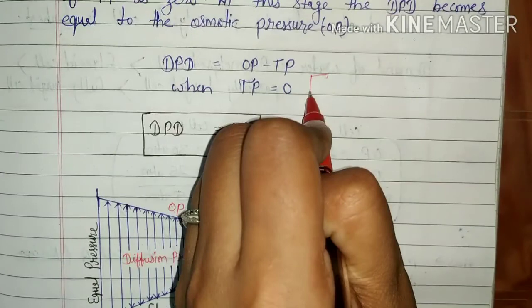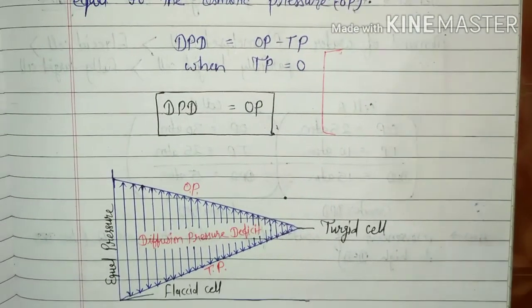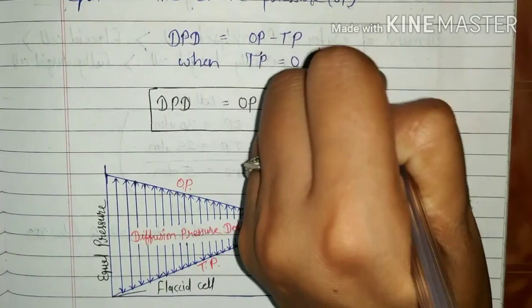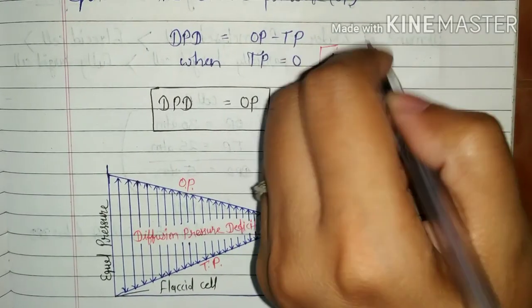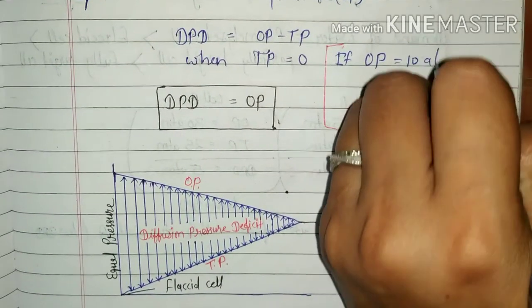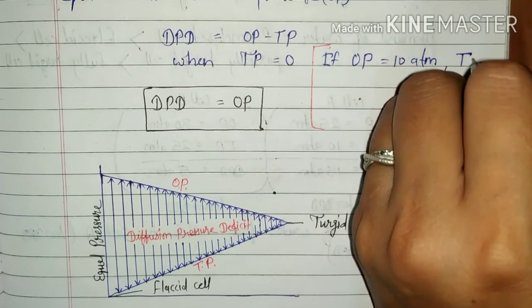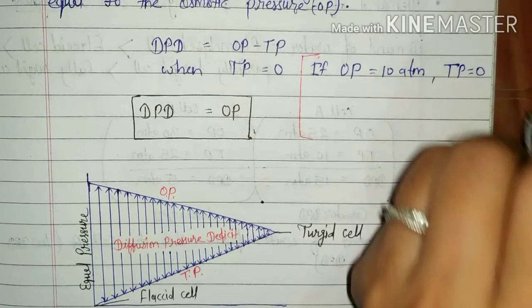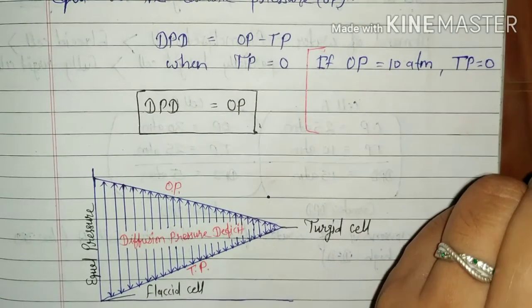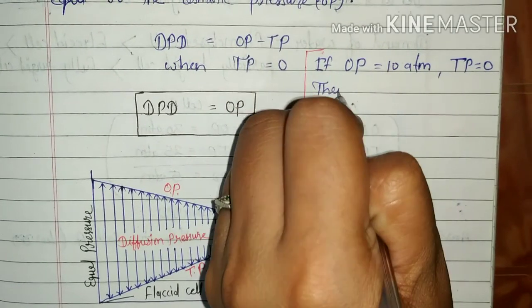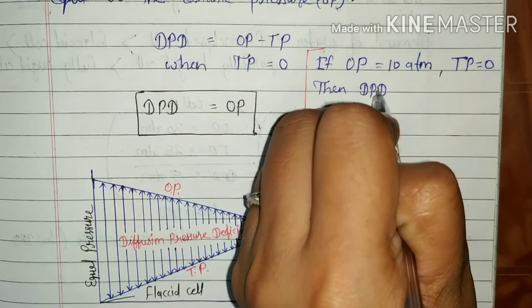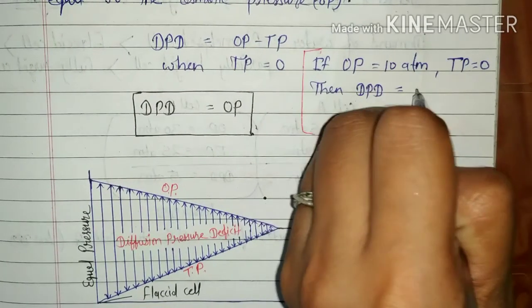Let's take an example. If OP is 10 atmosphere and TP is 0 in a flaccid cell, then DPD is equal to 10 minus 0, it means DPD is equal to 10.